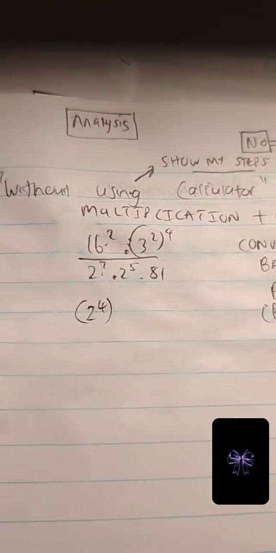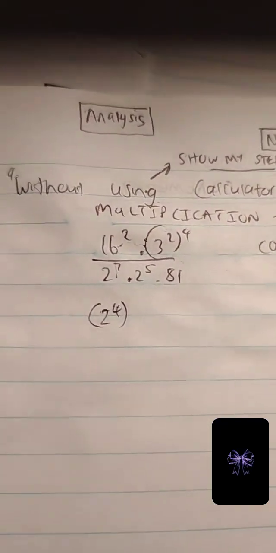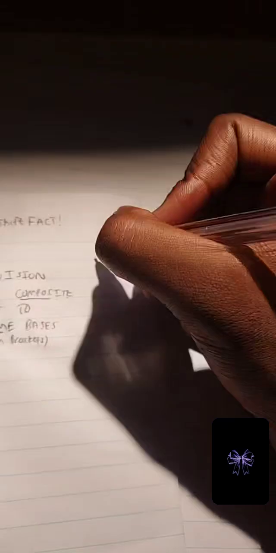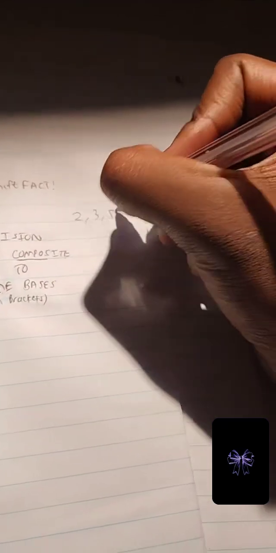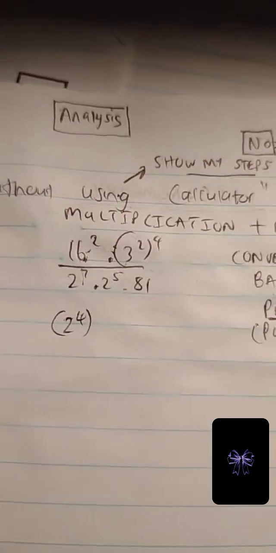So 16 will just have to be converted into a prime base. I know my prime numbers, at least the ones under 10: 2, 3, 5, and 7. So I already see these prime bases. It's just a matter of now getting 16 and 81 on board.